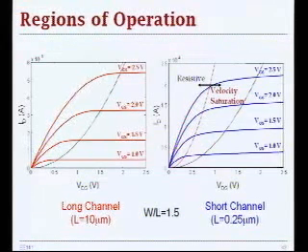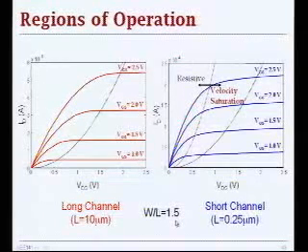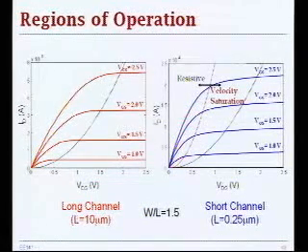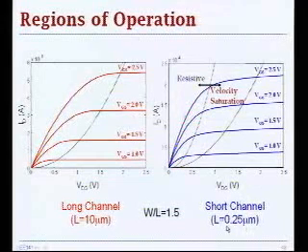So now regions of operation. Let's assume that in the same technology, in our quarter micron CMOS, we have W over L equal to 1.5. So you have the same gain for the current in your device. And then we analyze two cases. One is a long channel device that has this quadratic behavior, and another is a short channel device that has a quarter micron channel length.